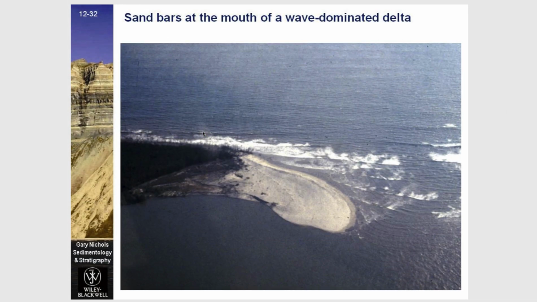An example here of a sandbar that illustrates well the dynamics of the waves that are essentially reworking some of the sand inside an embayment or a lagoon, and these are good examples of wave-dominated action.